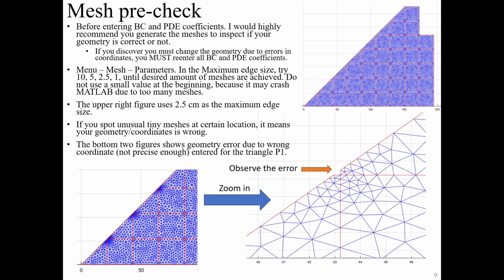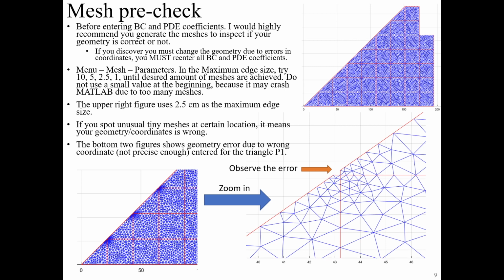As shown by the lower left figure, if you see very tiny meshes around some corner or some location, those places have the wrong geometry. If you zoom in, you will see the imperfection of that geometry.